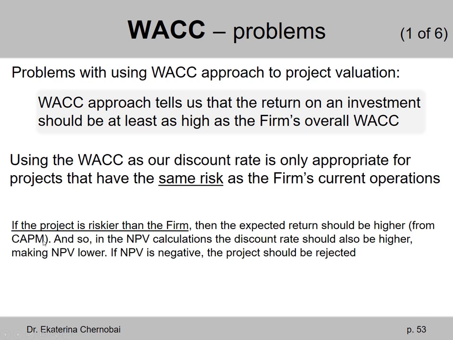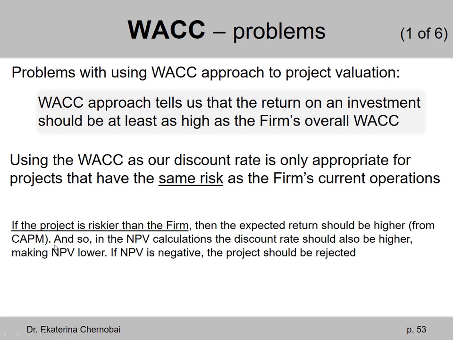Because if there is a project that's much riskier, less certain cash flows, which implies less certain dividends to the stockholders, then there should be compensation for the stockholders for facing a lot larger risk. High risk, high return, right? So the return that the investors will expect from a riskier project should be higher.